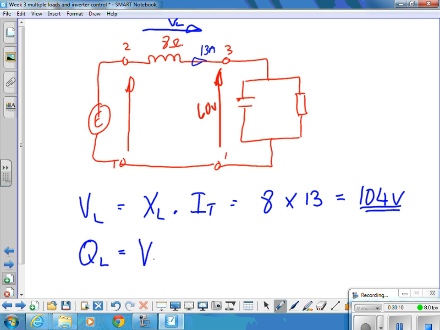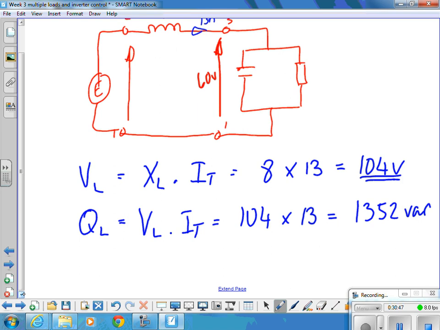VL times IT. So that's the 104 volts times 13 equals 1352 var.